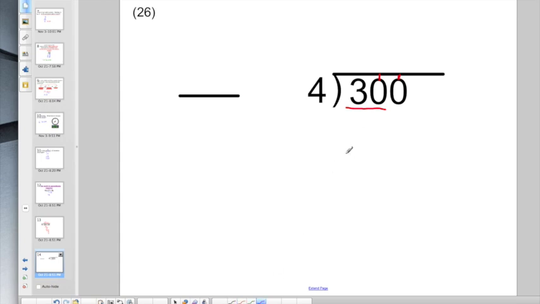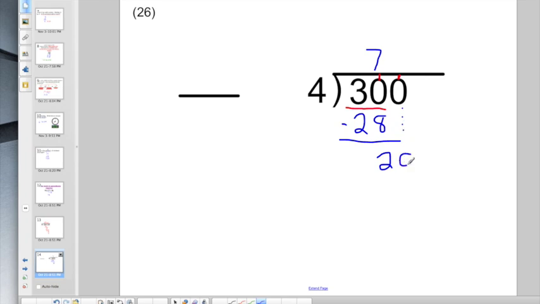Are we ready to divide? 4 times what gets me close to 30? 30 divided by 4. Hopefully you know that's got to be 7. Multiplies back for 28. And it's going to subtract for 2. Bring down the next number. That is a 0.